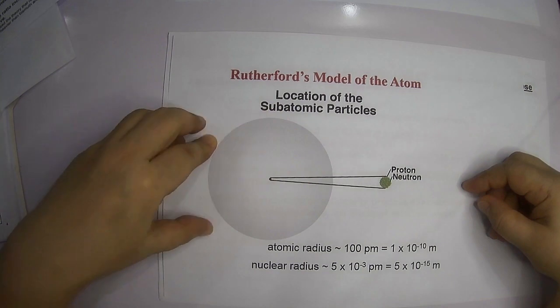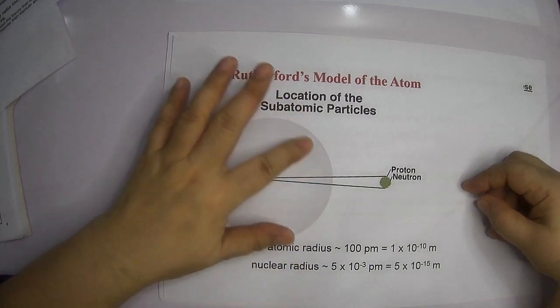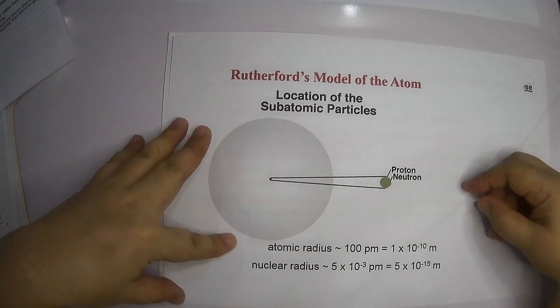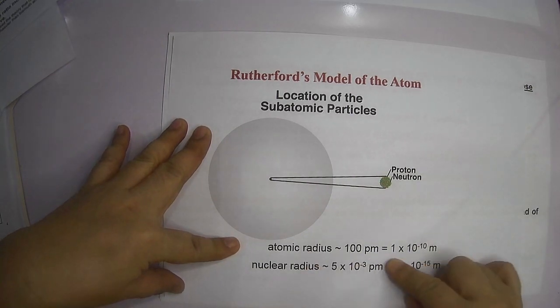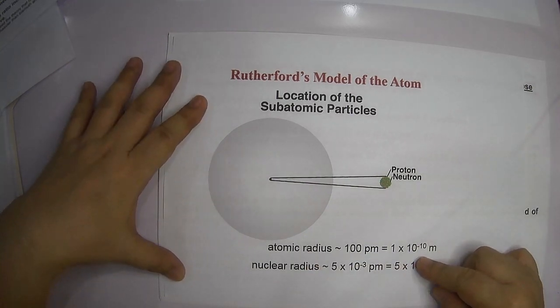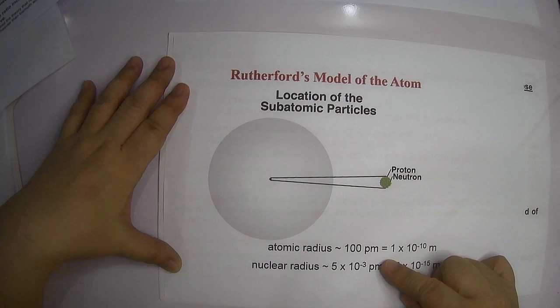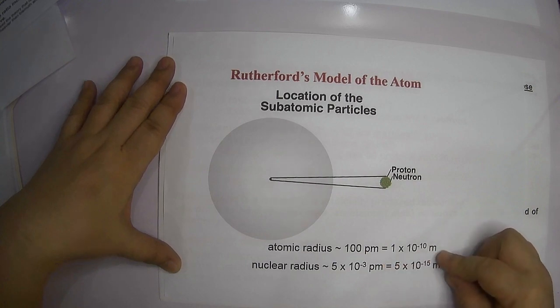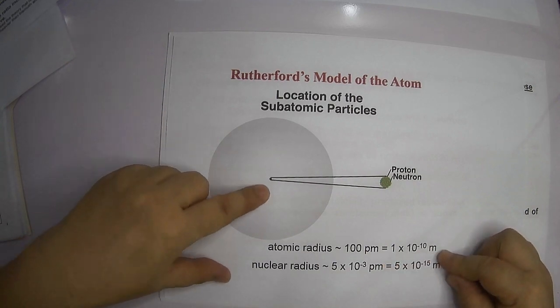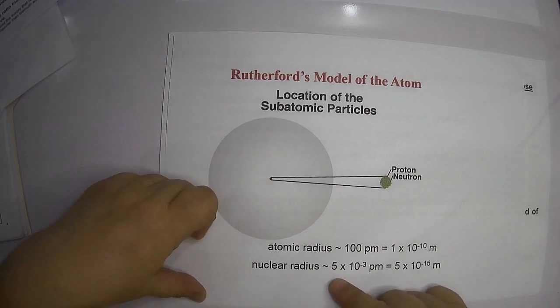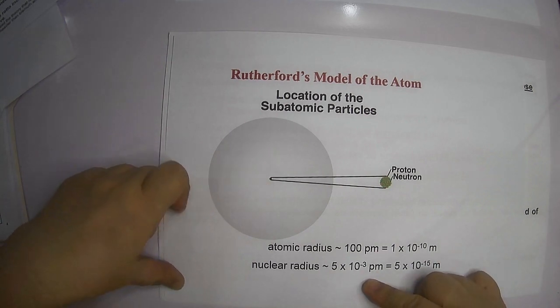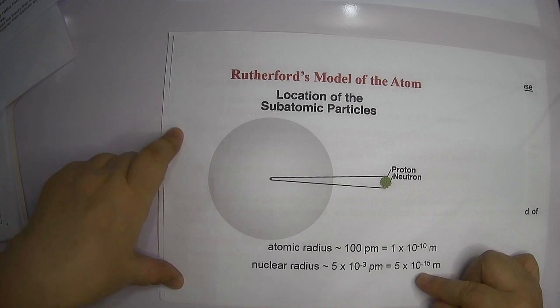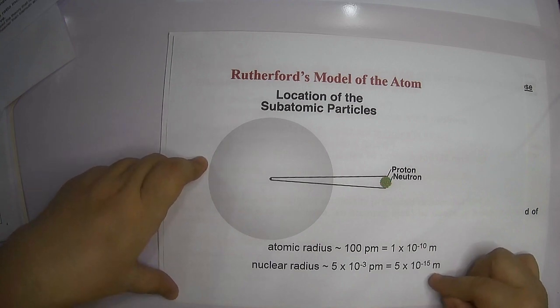If the atom is represented by a sphere whose atomic radius is around 100 picometers, or 1 times 10 to the negative 10 meter, the nuclear radius is only about 5 times 10 to the negative 3 picometer, or 5 times 10 to the negative 15 meter.